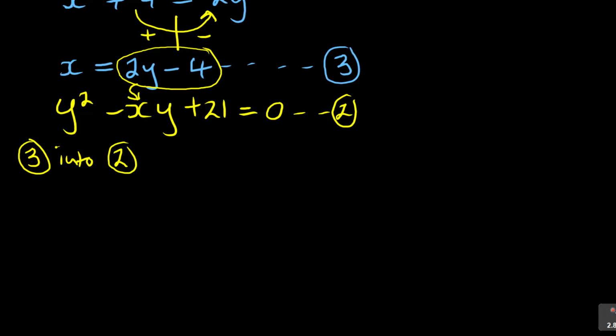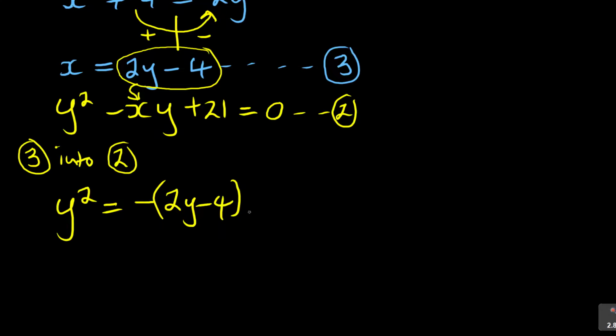So what do I have? I've got y squared is equal to minus x. So it's minus, but I need to put that 2y minus 4. See that? In brackets though, and then after that I've got y, or you can just put y like that.